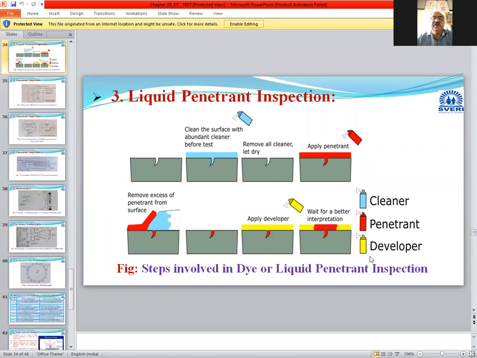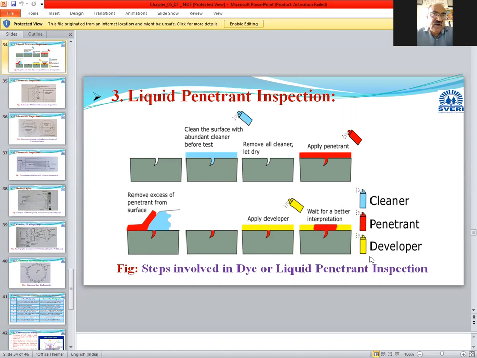Liquid penetrant inspection means the penetrant is one of the liquids, a fluorescent liquid. Initially we clean the job. After this cleaning, we put this penetrant on the surface of the component, and after this we spray the developer over it, just like white color chalk.